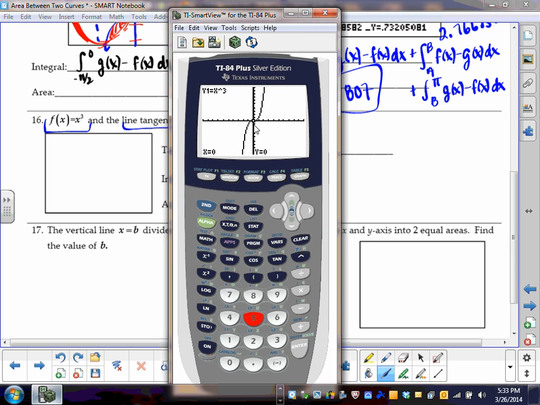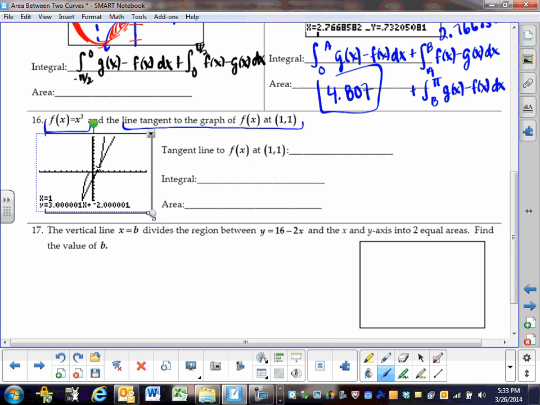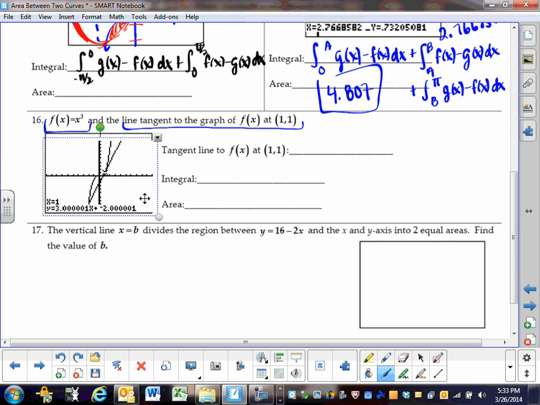And then I have to tell it where. It doesn't read my mind. This is not the Johnny Depp movie Transcendence. You got to tell it where. At x is 1. Not only will the calculator draw the curve and then draw the tangent line after you ask it to, it'll tell you the equation of the tangent line there.